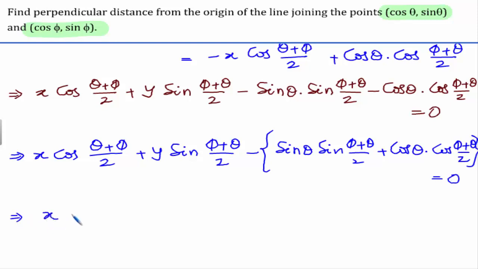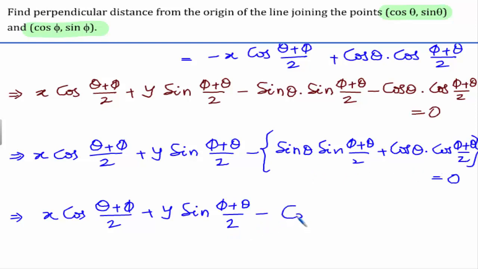Now x cos theta plus phi by 2 plus y sine phi plus theta by 2 minus, this is in the form of sin A sin B plus cos A cos B. So this can be written as cos theta minus phi plus theta by 2, that is equal to 0.